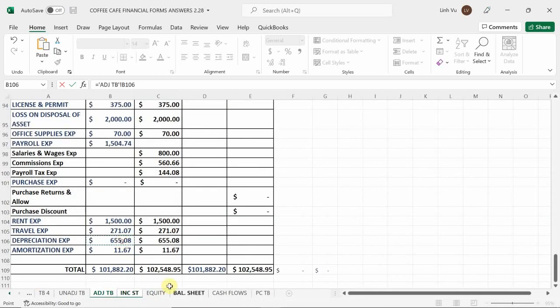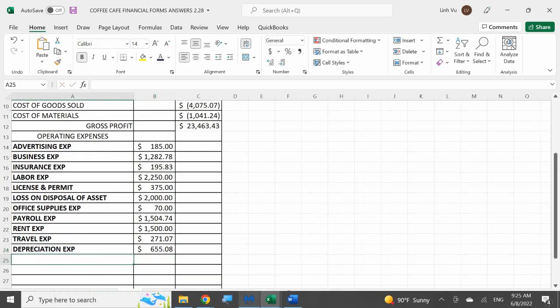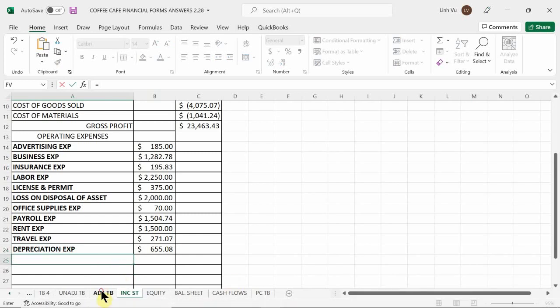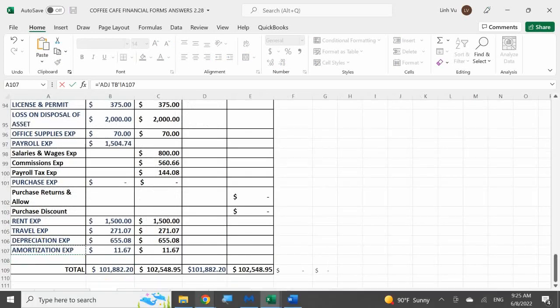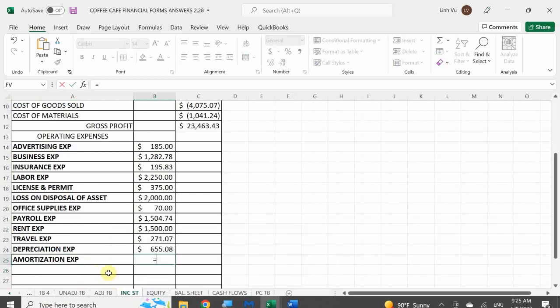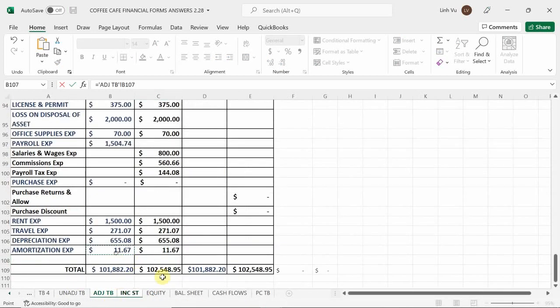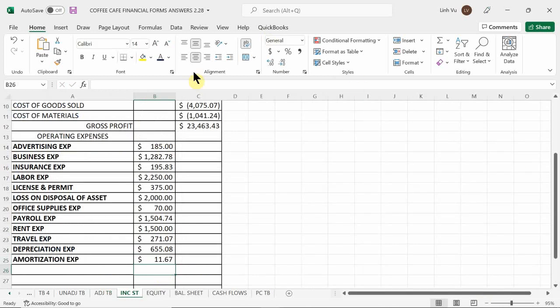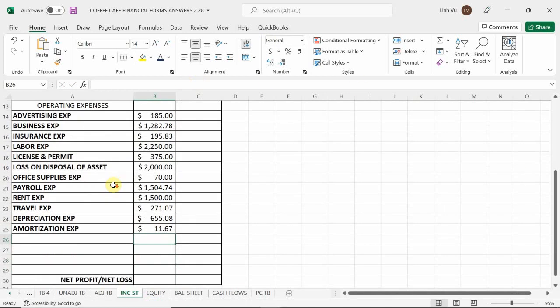I had to use my machinery, right? And I also have my amortization expense, right? For that. So this is all of my operating expenses that I have occurred.